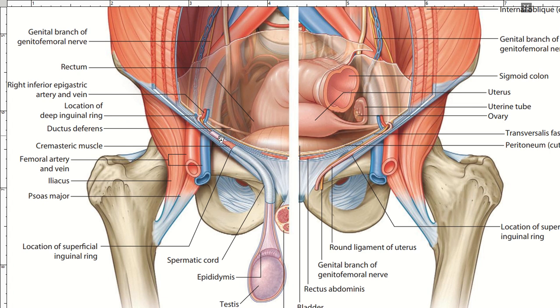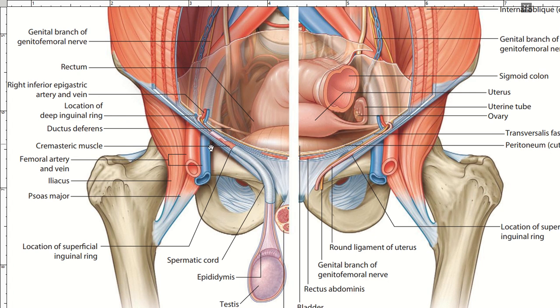So what is common in male and in female, found in the inguinal canal? Take note. You're going to have your ilioinguinal nerve, right? You may not see it right here.